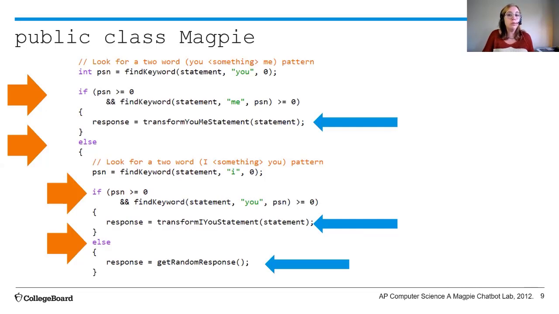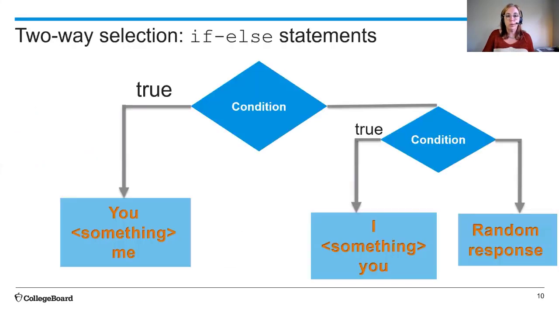So there's a pool of random responses somewhere living in the Magpie lab, and if we don't satisfy any of these if-else or this if, you're going to get sent to the random response pool. That's not where we want to go if we're calling about our cell phone or our appliance. Okay, here's a graphical illustration of what we just talked about in the code. If the condition was found true or false again.